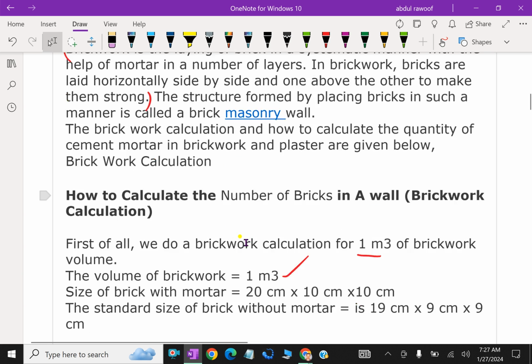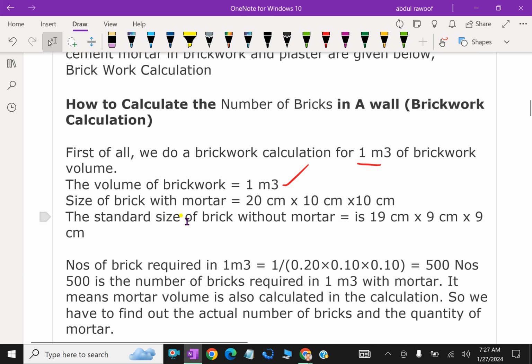The size of brick with mortar. Here we are laying mortar to construct a brickwork. First we have to understand the size of the brick with mortar, that is length, breadth, height, for example 20 centimeter length, breadth 10, thickness 10.